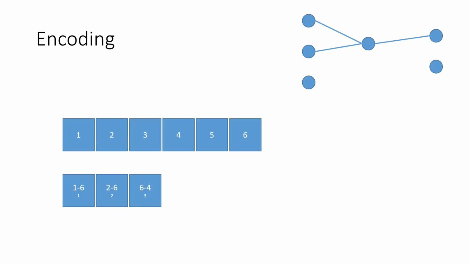An identification or innovation number is pretty much a number that determines when a connection has been created. You assign those innovation numbers to newly created connections. Each time you create a new connection in any network, these are shared between networks.